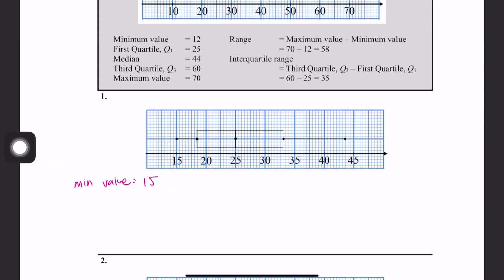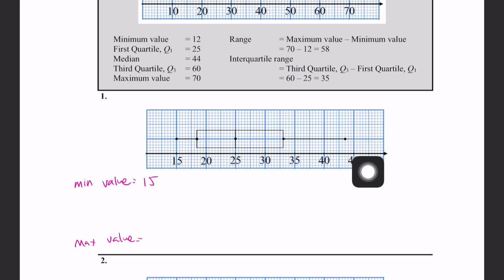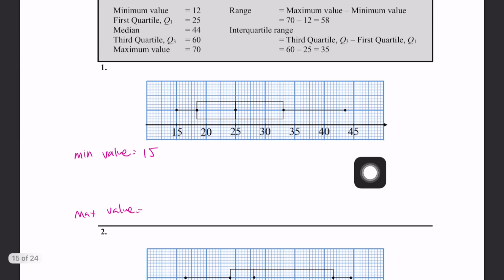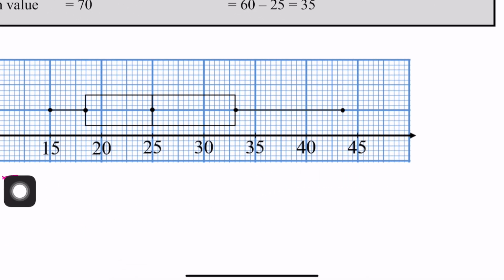And then we find maximum value, the most right. This is 40, 41, 42, 43, 43.5.